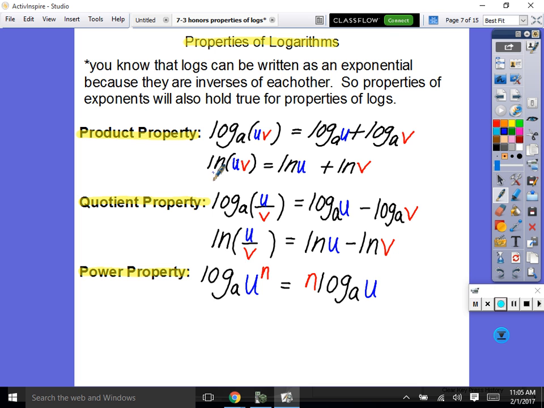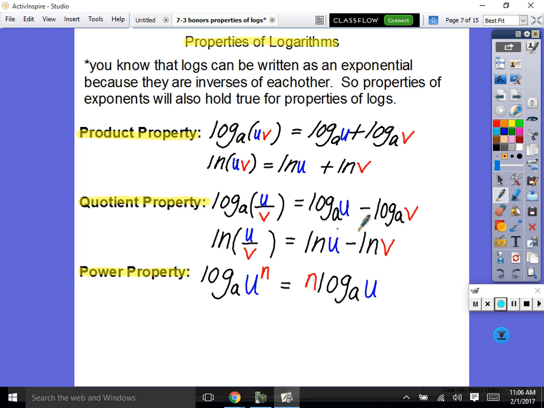Same with ln. ln of u times v can be split apart and written as ln of u plus ln of v. If you have ln of u plus ln of v, it'd be more beneficial to put it together as one ln and do u times v. When you multiply, you add. When you add, you multiply. Then the quotient property: log to the base a of u divided by v. When you divide, you subtract. So log to the base a of u, the top, minus log to the base a of v.